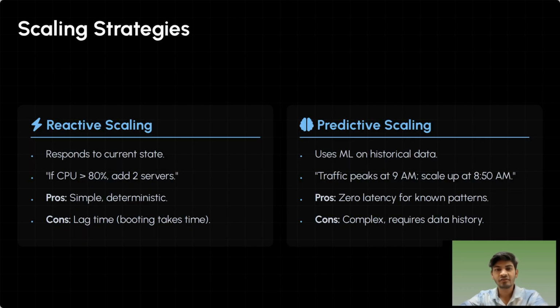There are different strategies for scaling, each useful in different scenarios. Reactive scaling waits until a problem happens, like high CPU or high latency, and then adds servers. This is simple and excellent for learning. Predictive scaling looks at patterns or historical data.